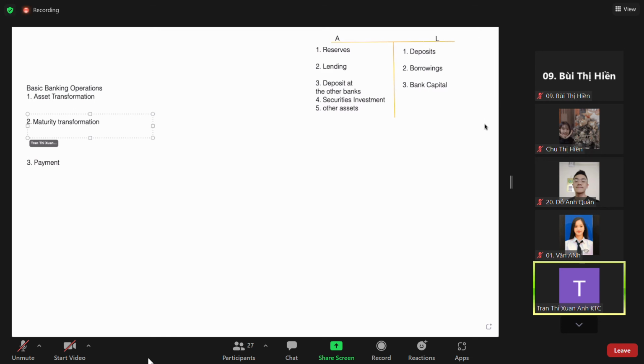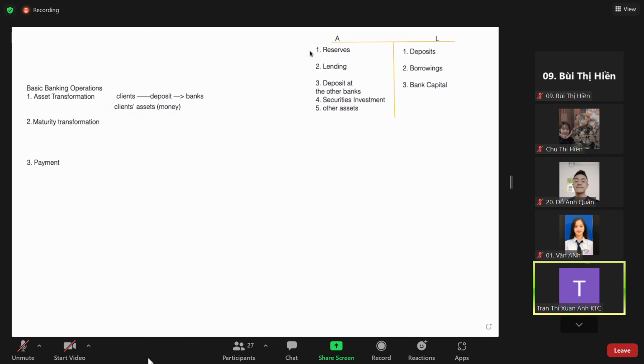Just think of the case like this one: the client making a deposit to the bank. This is the client's money, right? Money, assets.